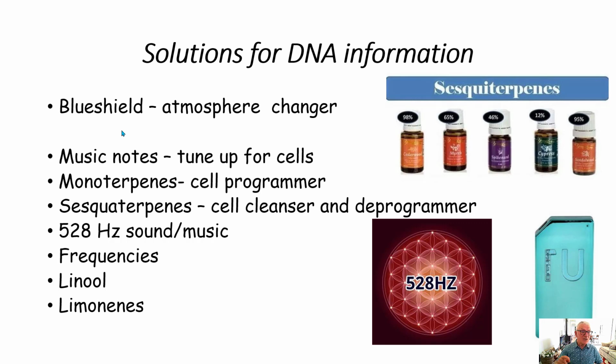Why? Because it doesn't try to block the EMF, because you can't block it. It's all around you. But you can change the atmosphere. It changes the atmosphere around you so that the DNA is receiving the right information to start healing your body. And there's proof.